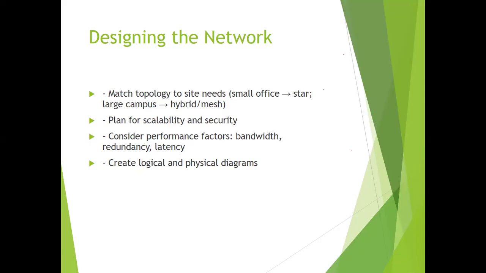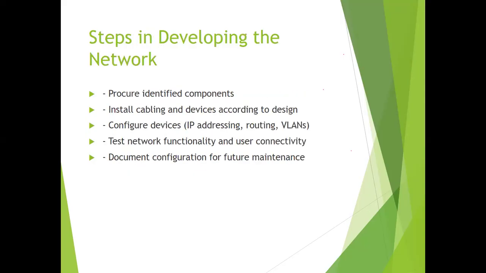This network site should be well secured to prevent thieves. We also have to consider performance factors, for example, bandwidth and redundancy or the latency, and also create logical and physical diagrams before designing.